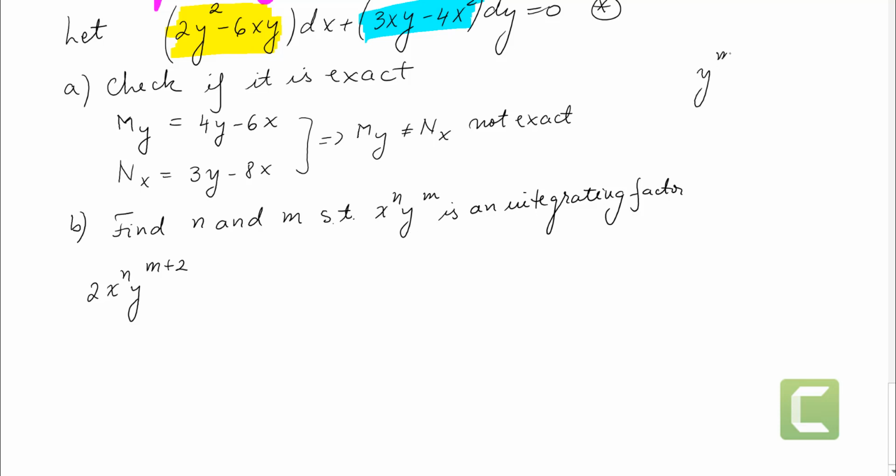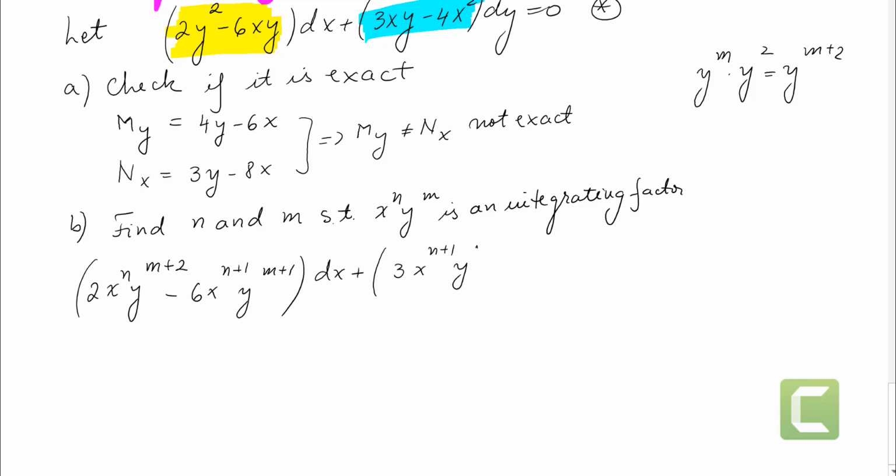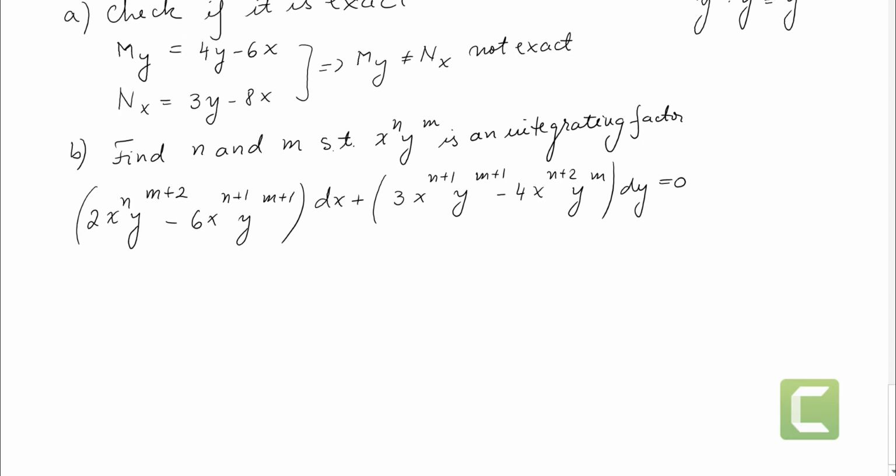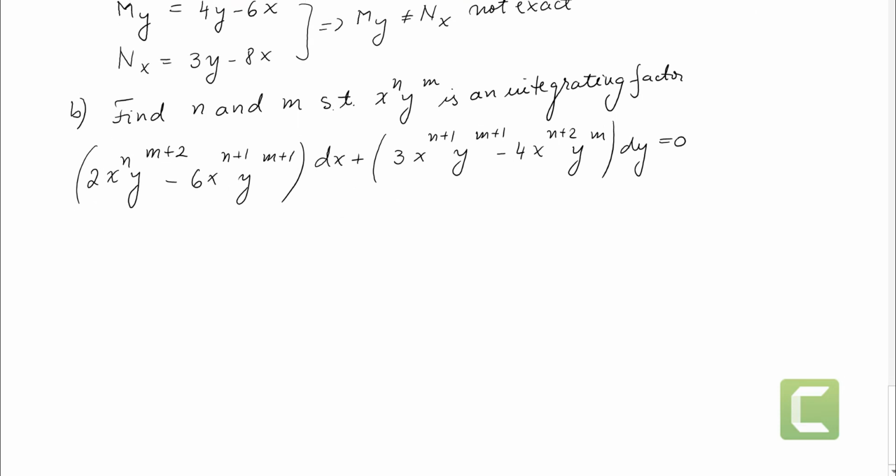So y to the m times y to the second is y to the m plus 2, minus 6 x to the n plus 1, y to the m plus 1 dx, plus 3 x to the n plus 1, y to the m plus 1, minus 4 x to the n plus 2, y to the m dy equals 0. And again, it's an integrating factor, so it makes my equation exact.